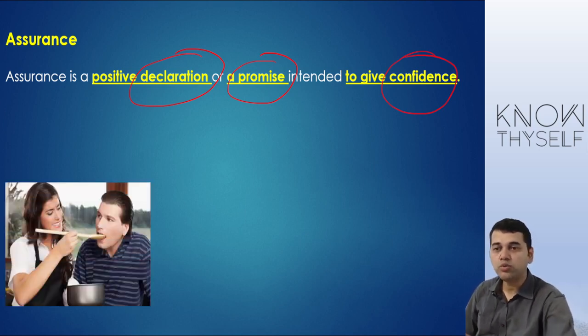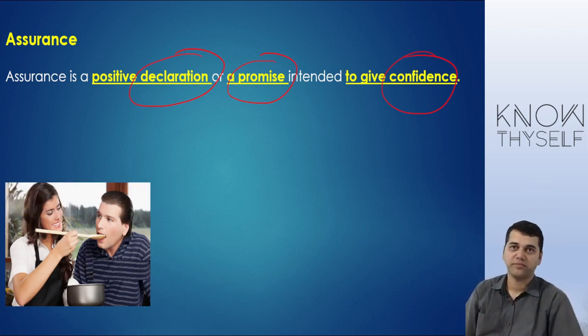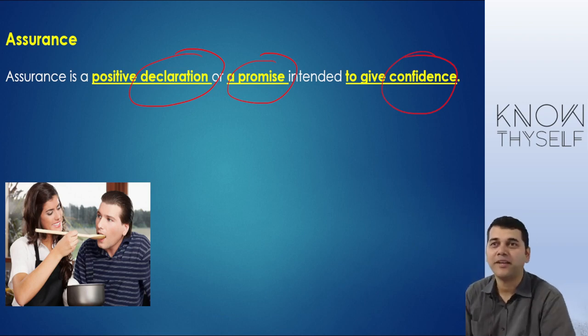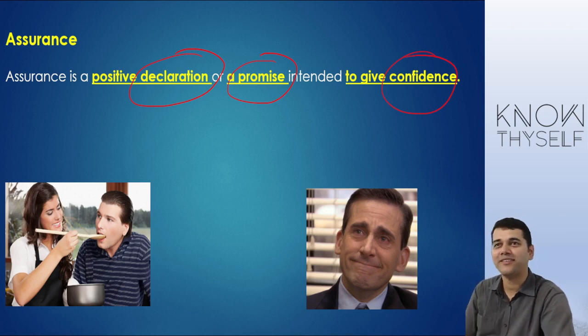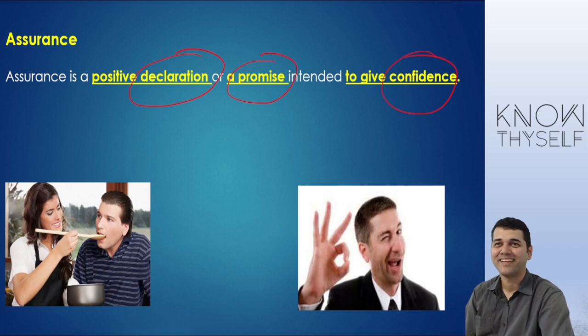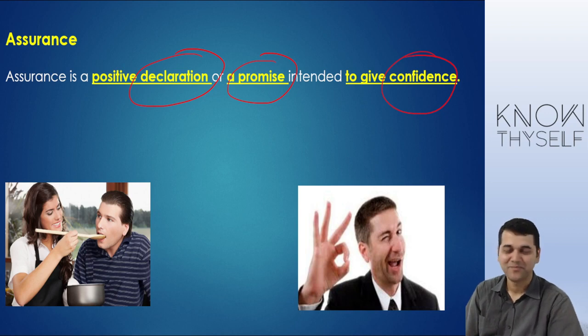Now, I'll give you an example. A wife prepares some dish and gives it to somebody else to taste, her husband. Opinion should be biased or unbiased? Maybe it might be biased, whatever.